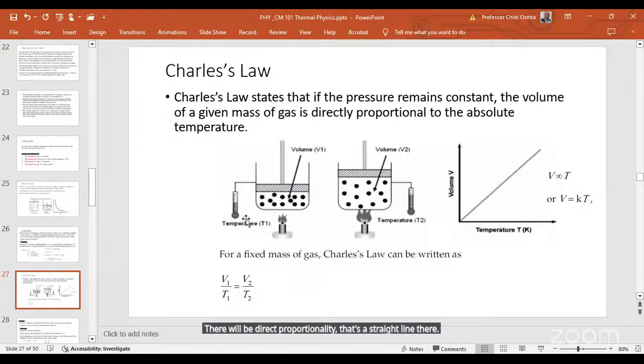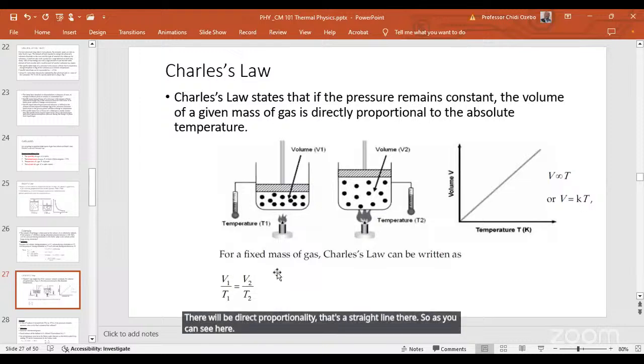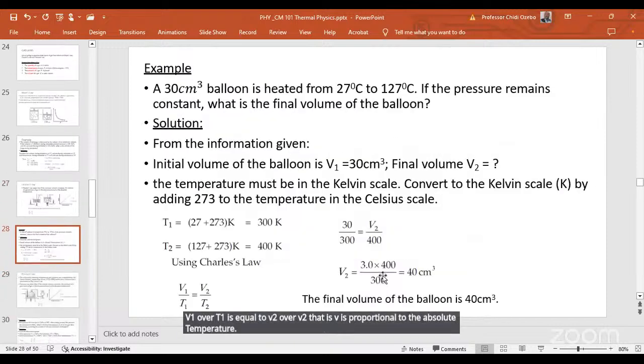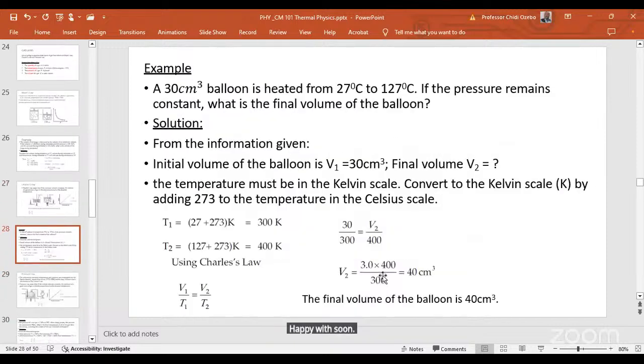As you can see here, it means that V1 over T1 is equal to V2 over T2. That is our Charles' law. That is, V is proportional to the absolute temperature. For instance, in this case, the volume is measured in centimeter cube.